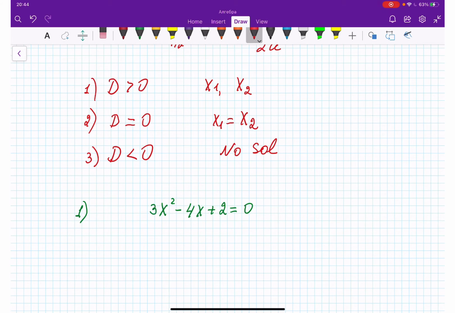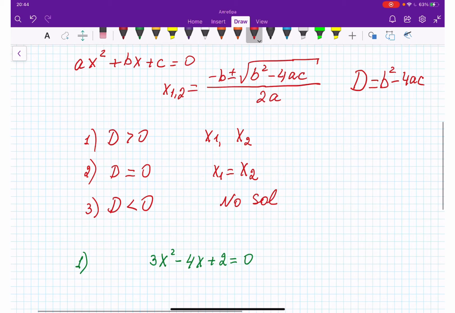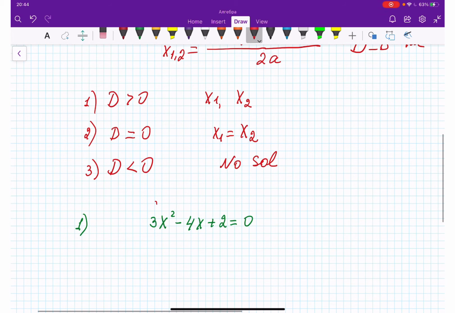Because this is a quadratic equation, we are going to use ax squared plus bx plus c equals 0.